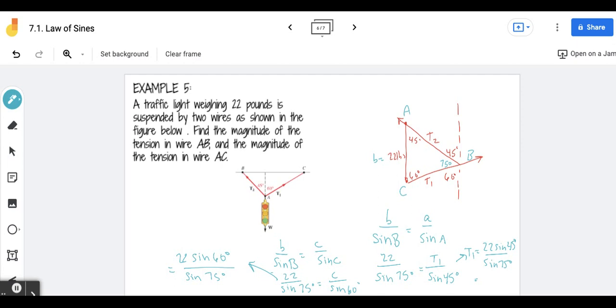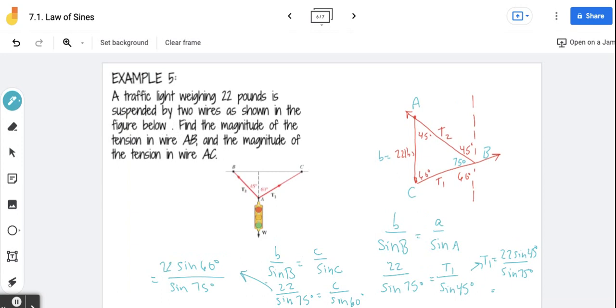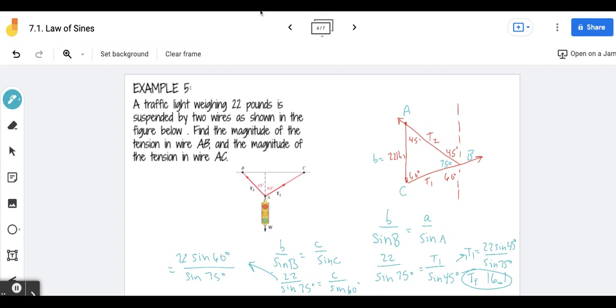All right, 16.1. That's T1 pounds, and T2, 22 sine of 60 over sine of 75, 19.7.